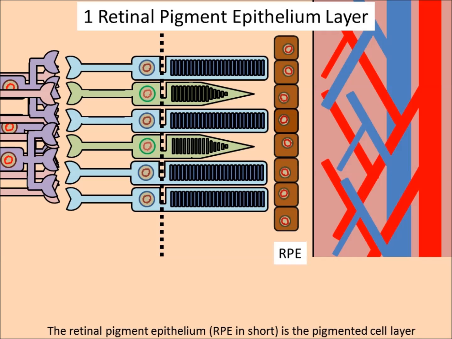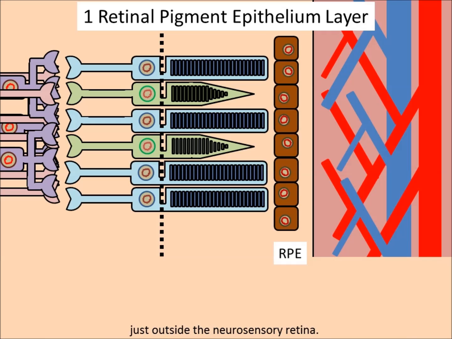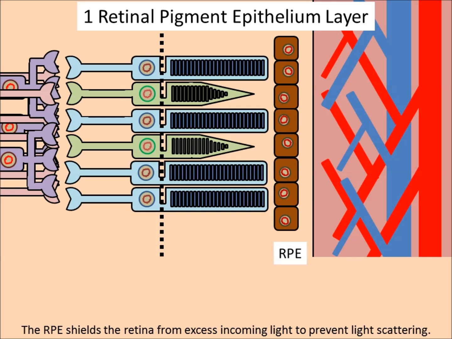The retinal pigment epithelium, RPE in short, is the pigmented cell layer just outside the neurosensory retina. It is firmly attached to the underlying choroid. The RPE shields the retina from excess incoming light to prevent light scattering.